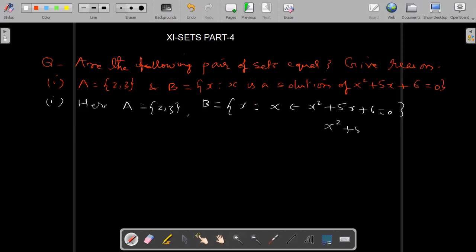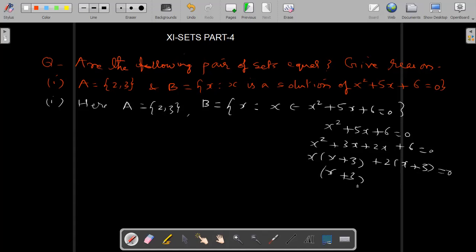X square plus 5x plus 6 is equal to 0, and split 5 into two parts, 3 and 2. x square plus 3x plus 2x plus 6 is equal to 0, and x is common, x plus 3, 2 is common, x plus 3, and so finally we get x plus 3 and x plus 2 are the factors, and therefore it will give the value of x as minus 3 and minus 2.